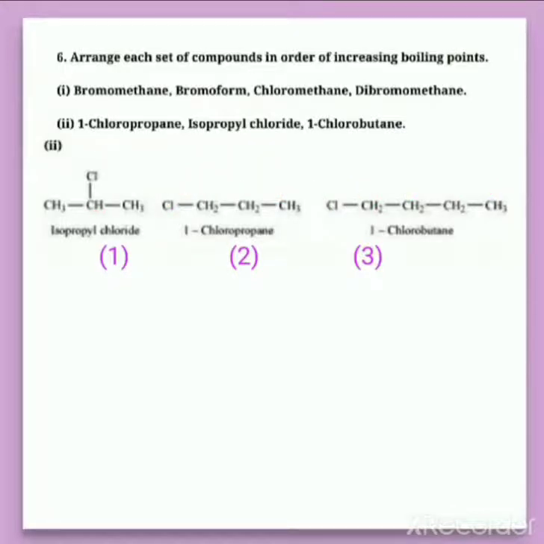So how do we deal with this problem? First of all, I told you to find out the number of carbon atoms in each and the number of halogen atoms in each. So let us do the first. In the first structure, that is isopropyl chloride, when you count 1, 2, 3, there are 3 carbons.